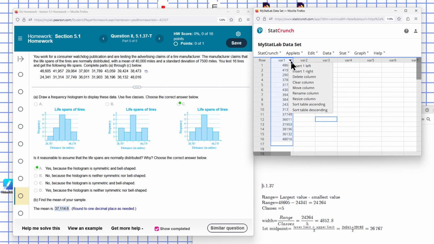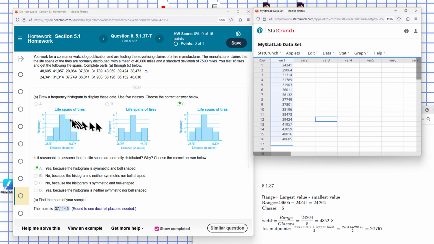What I did next was I sorted the data from smallest to largest. And from there, I get my range. I know what my range is: the largest minus the smallest value.